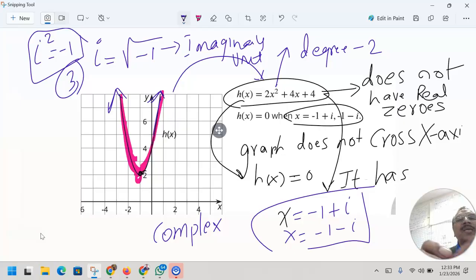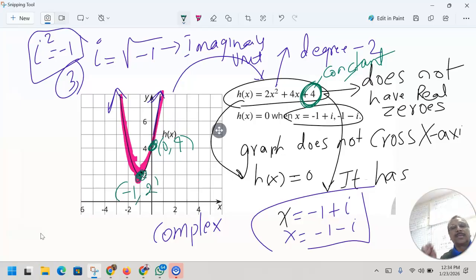One thing you can at least notice is the y-intercept. See, (0, 4), the number by itself, which is a constant here, is where the graph crosses the y-axis. And you can see this graph has a minimum, I can write the vertex here, (-1, 2). So this is the relative minimum.